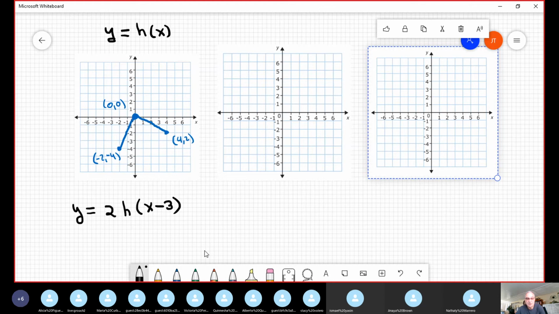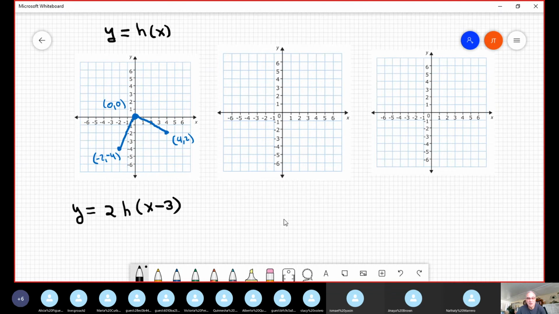This is the given graph. But what kind of transformation do we have in this expression? What kind of transformation can you see? How many? One, two transformations, three transformations? Two. All right, come on, help me. Do you follow me or no? All right, let me see your face.